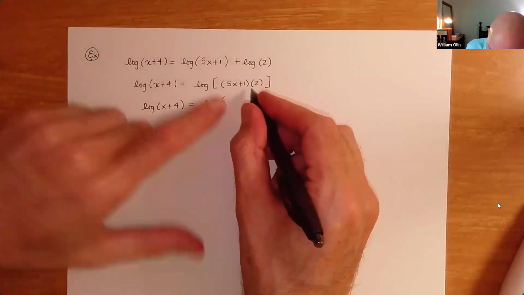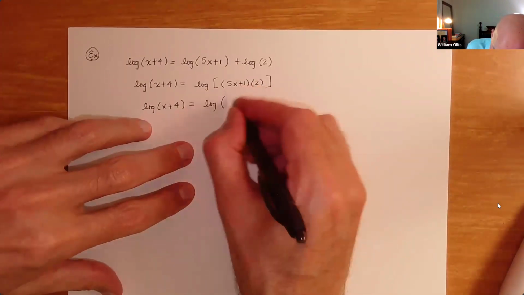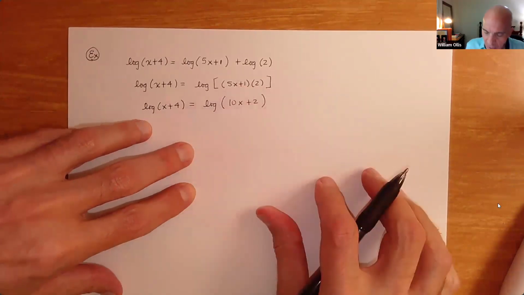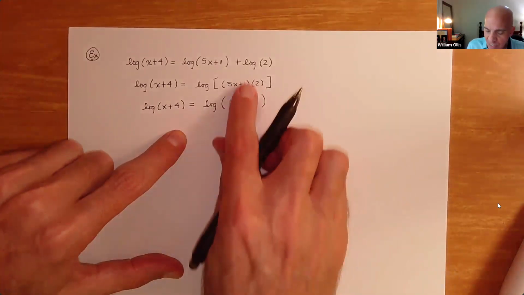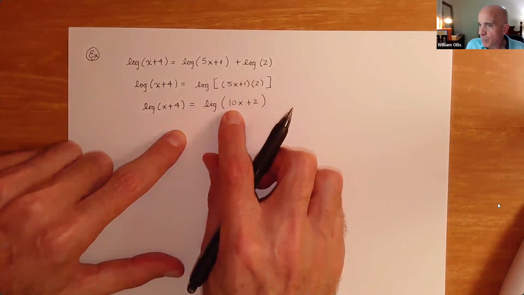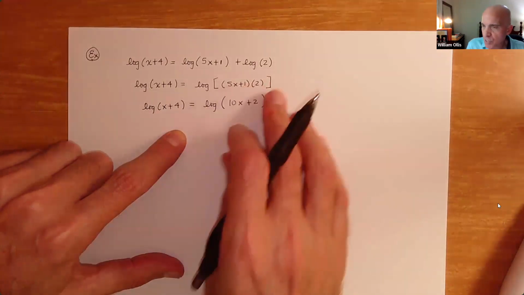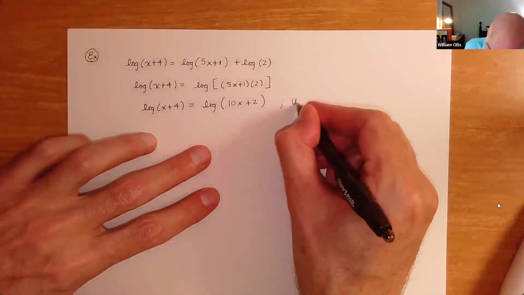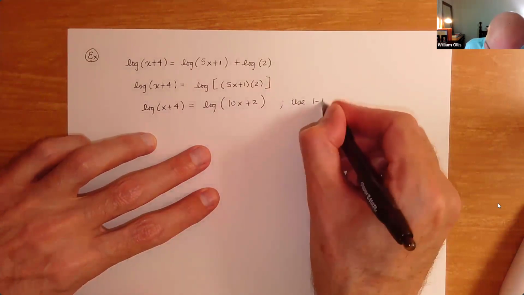So we're going to have, in this case, 2 times 5x, that's a 10x plus a 2. I didn't have to do that simplification here. I could go ahead and use the one-to-one property, but go ahead and do the simplification and then move to the one-to-one.